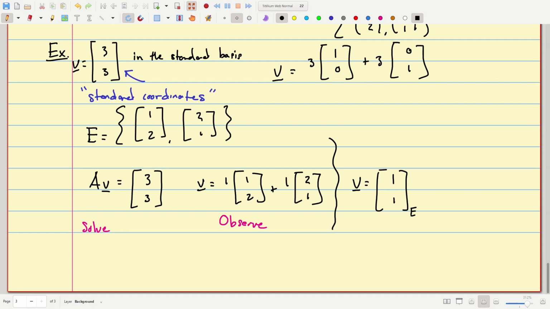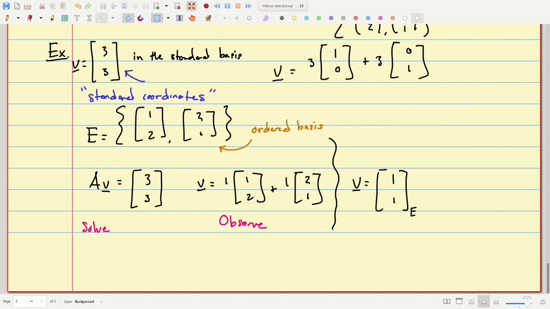Okay? Now, bases are ordered. Okay? There's a big difference between writing this and this. All right? We have to understand the ordering of our coordinates.